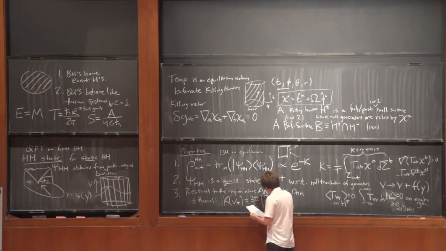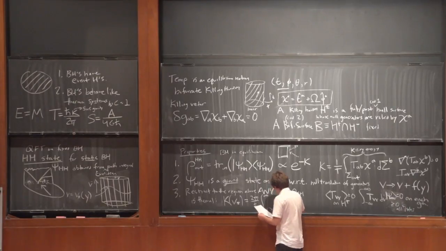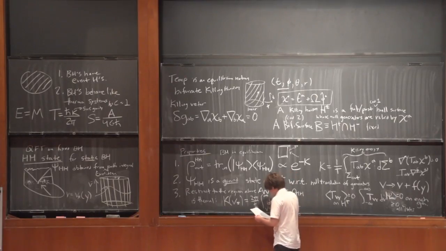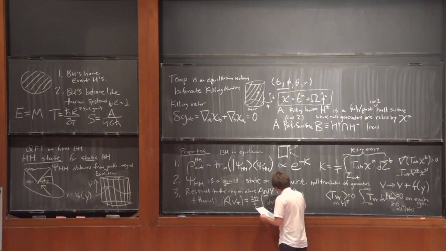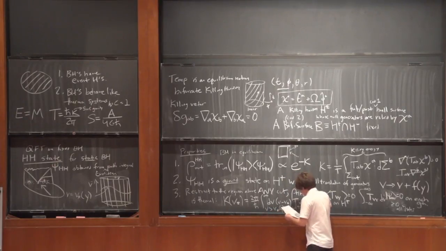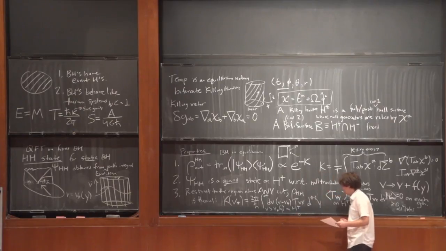And this is an integral above the cut of the future horizon that says dv (v minus v star) T_vv, and then integrated in the d minus 2 transverse directions.